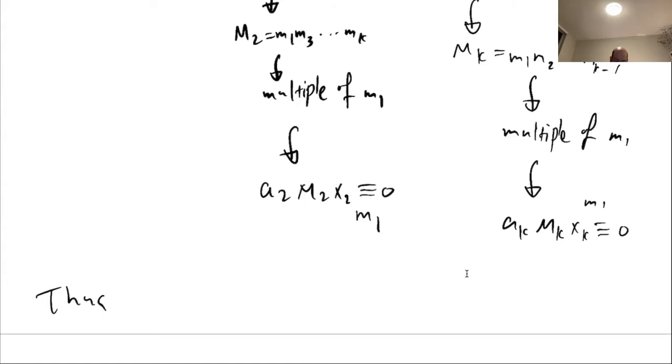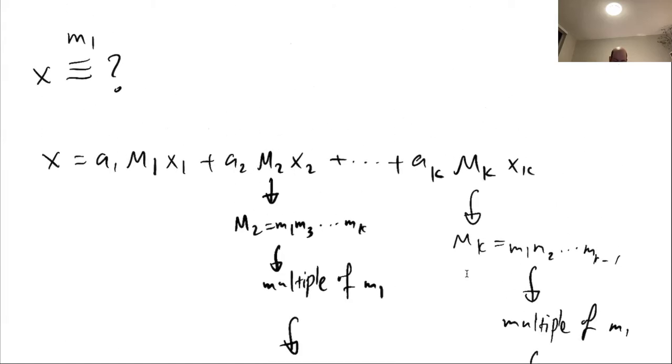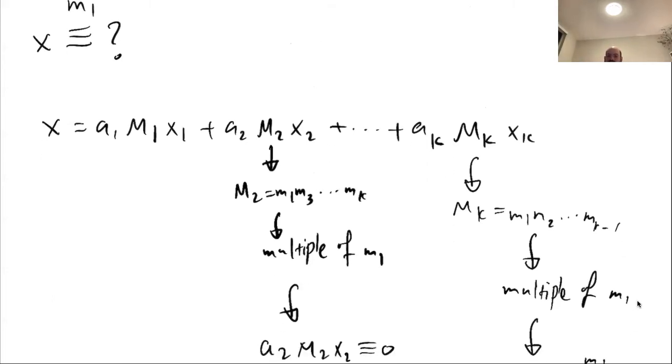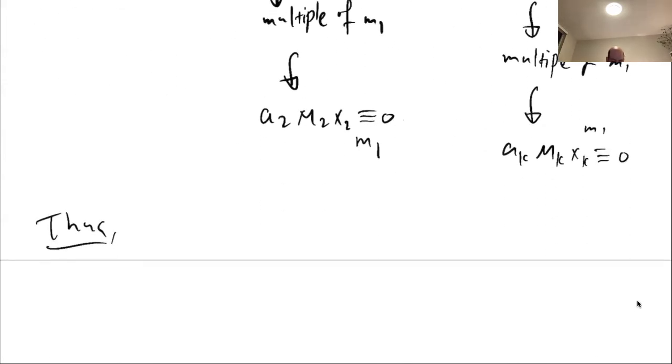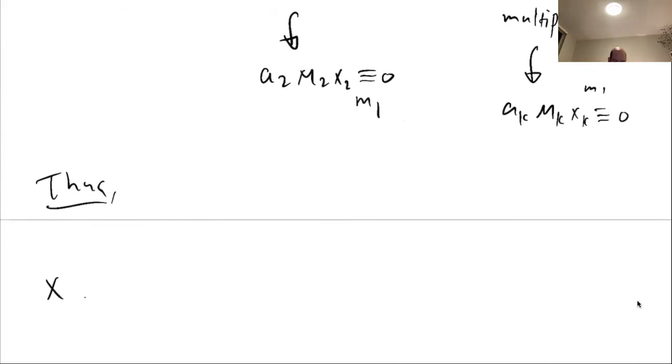Thus, X is A1 M1 X1 plus a bunch of terms which are all 0 mod M1. So what can I say about X? X is A1 M1 X1 mod M1.